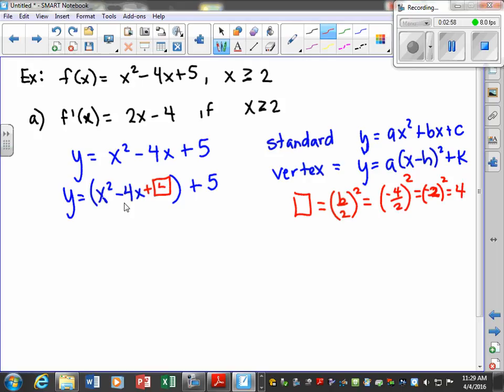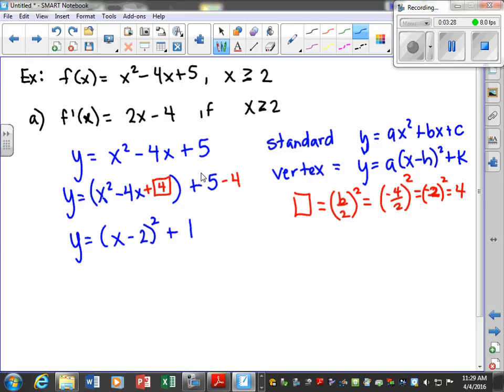Well, if I add a 4 in here, I'm on the same side of the equal sign, so I'm going to subtract out 4 over here so that I'm not changing the value. I just want to change the form. Now this becomes a perfect square. What multiplies to give us positive 4 and adds to give us negative 4? So x minus 2 squared plus, and what's that simplify to?